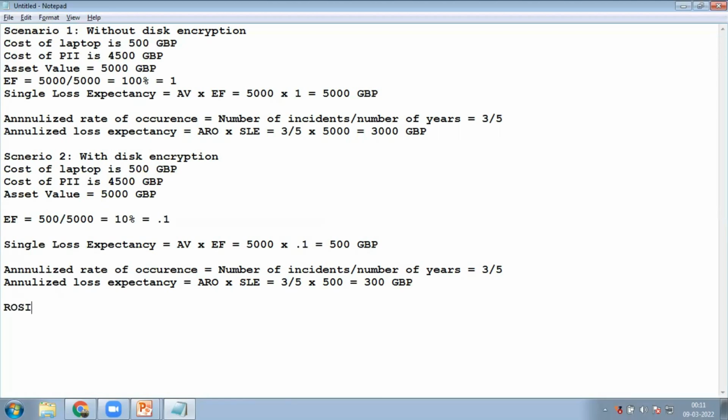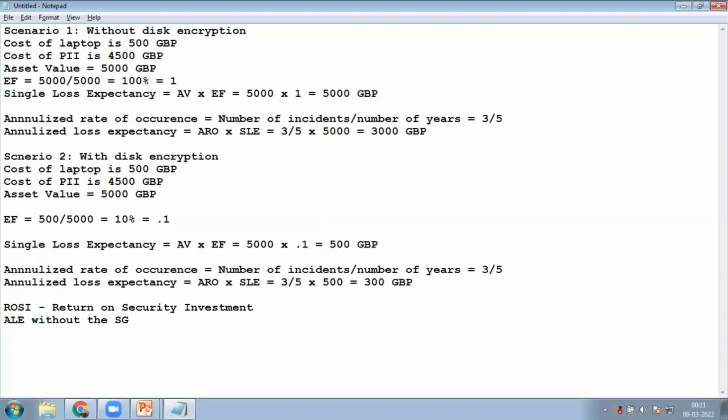Now, ROSI, return on security investment, is ALE without the safeguard. The safeguard in this case is the encryption. A safeguard is something which is going to act against a threat, so it's going to defend from the threat.